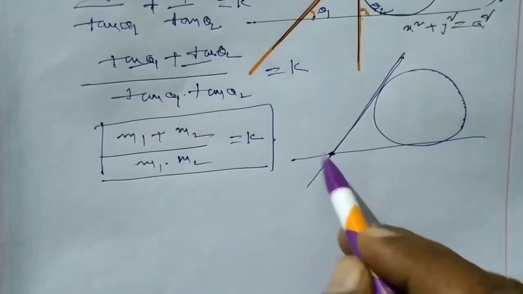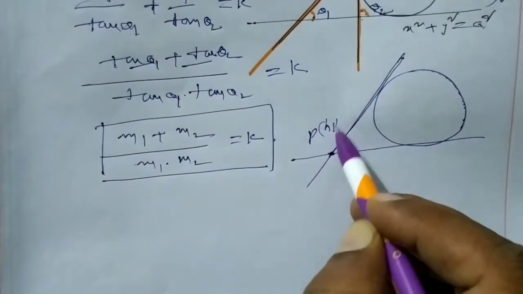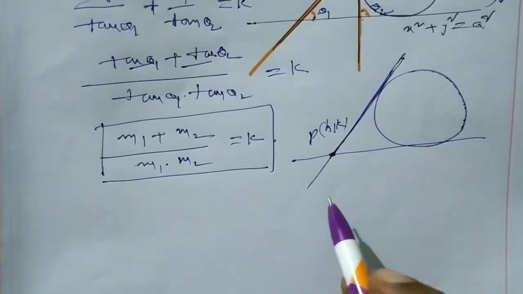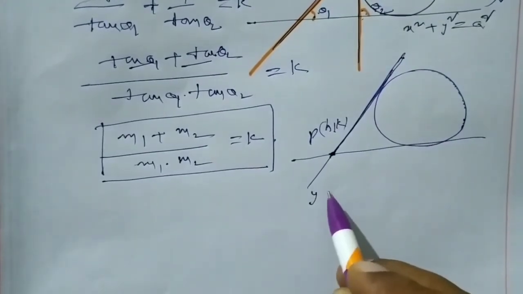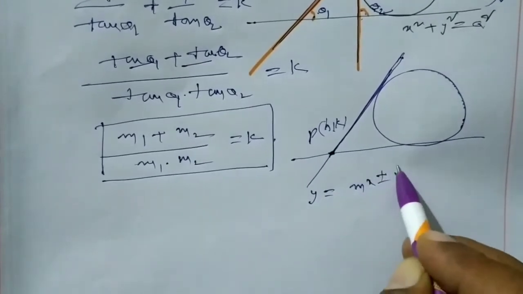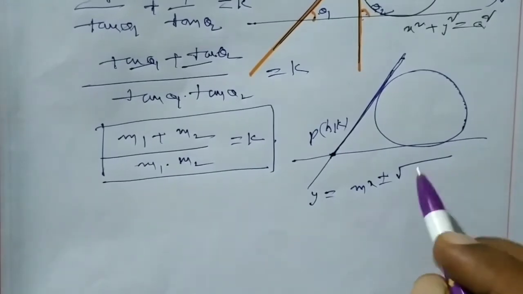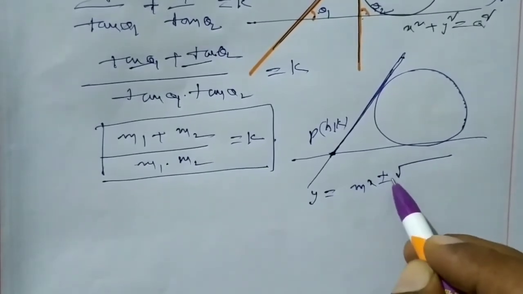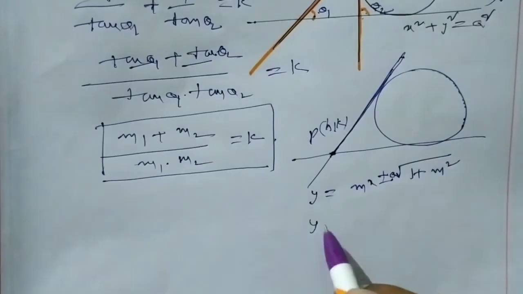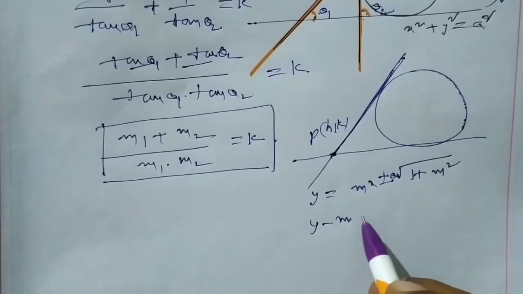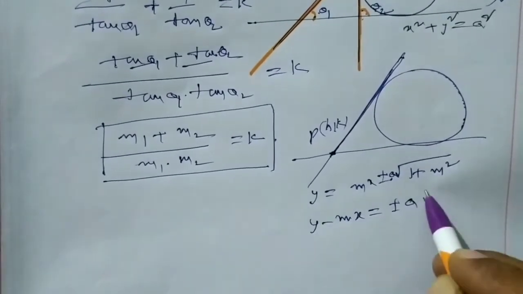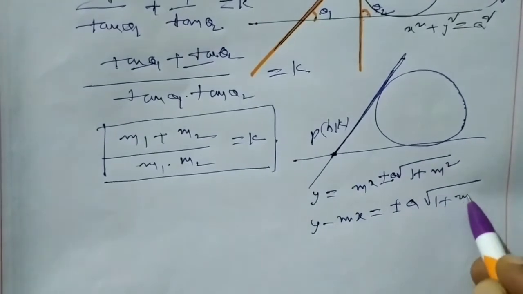That is, whenever P(h, k) is a point, through this point if a pair of tangents are drawn, the tangent equations are y is equal to mx plus or minus a into root over 1 plus m square. That implies y minus mx is equal to plus or minus a into root over 1 plus m square.